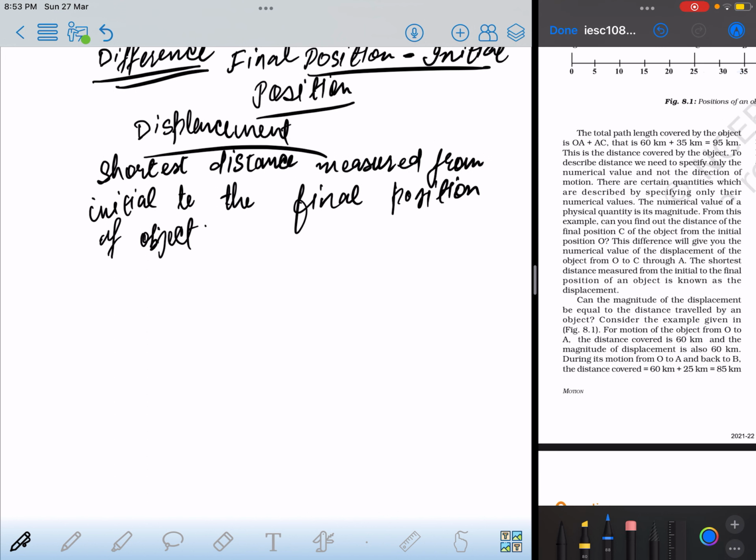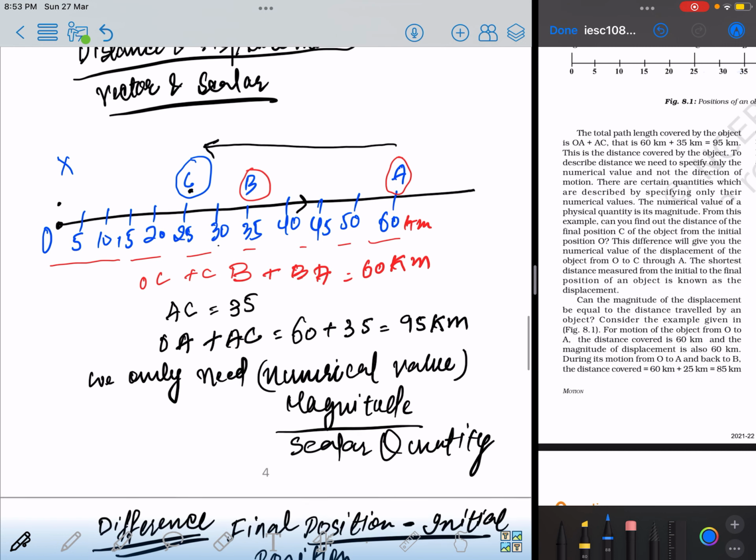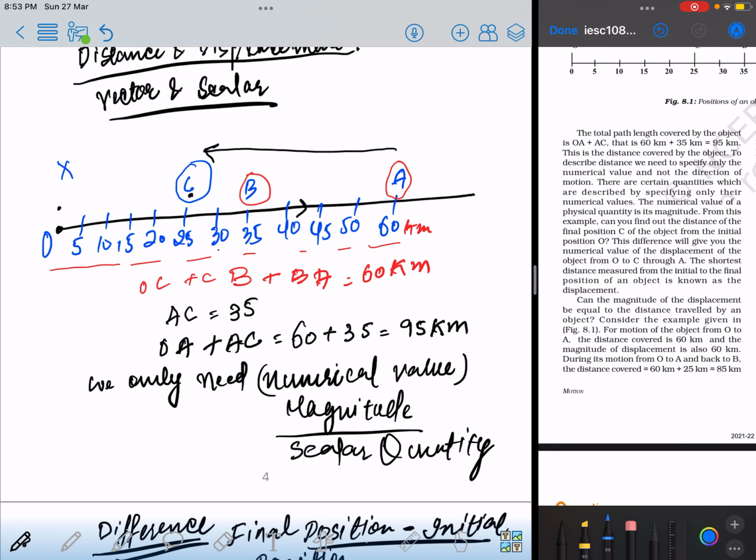Consider the example given in the figure. For the motion from O to A, when we go from this point to this point, the distance covered is 60 kilometers, and the magnitude of displacement is also 60 kilometers.